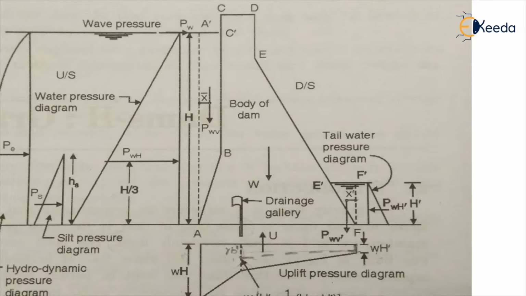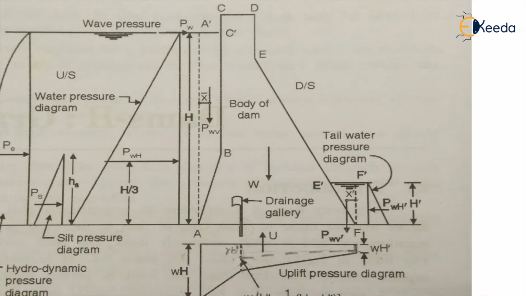Now if I draw the dotted line from E in the vertical downward direction again, I get the second section as a rectangular one. The third part will be a triangular one again. Even on the upstream side, you can see a partly vertical and partly inclined section.